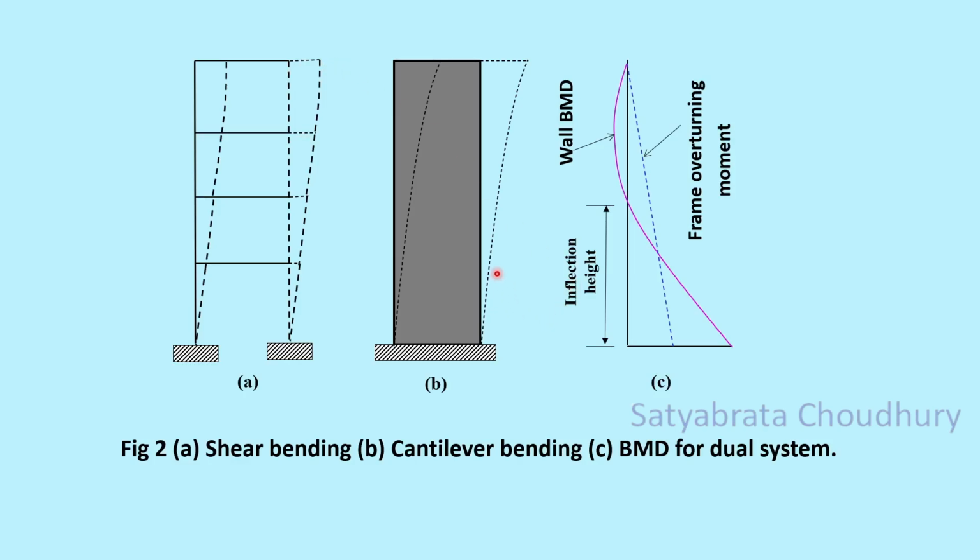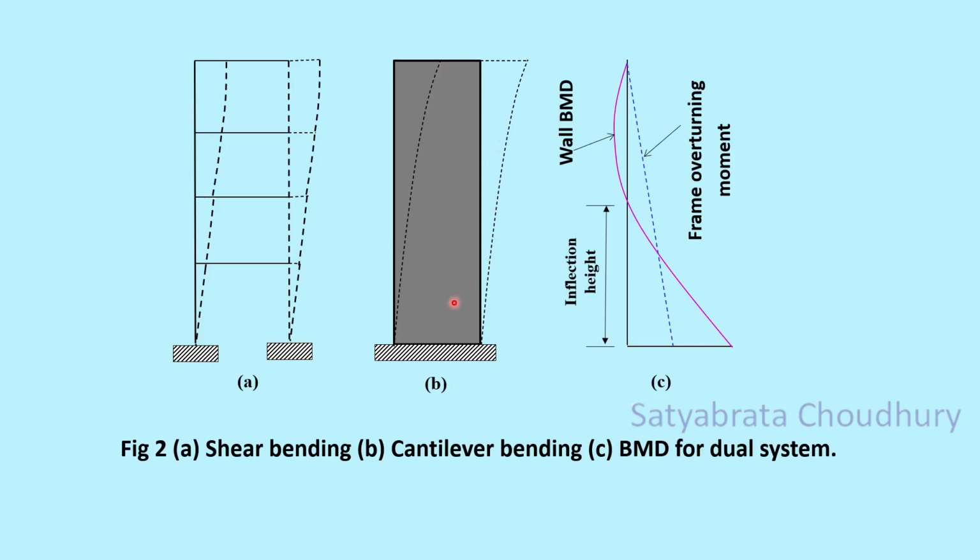On the other hand, when the cantilever is bending, it is actually a cantilever. The shear wall is a cantilever fixed at the base, and the cantilever depth is very large, which is the length of the wall. So when it is bending, you see the convexity of the bend is on the left hand side, unlike the previous case.